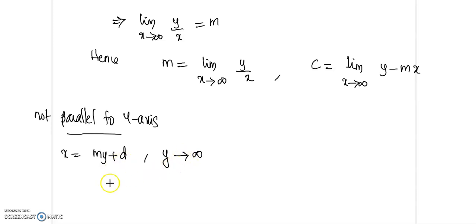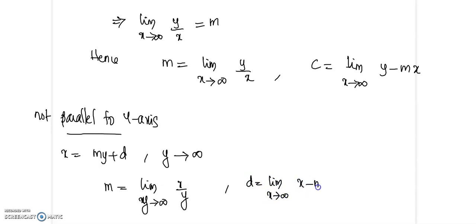So that will give m equal to limit y tends to infinity, but instead of y by x, you will have x by y, and d will be limit y tends to infinity of x minus my.